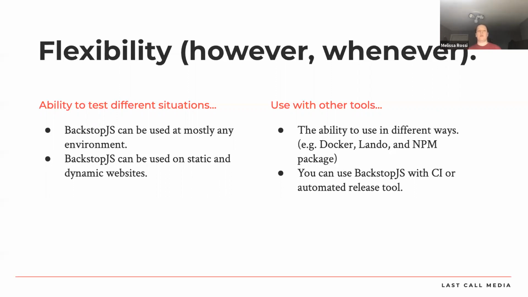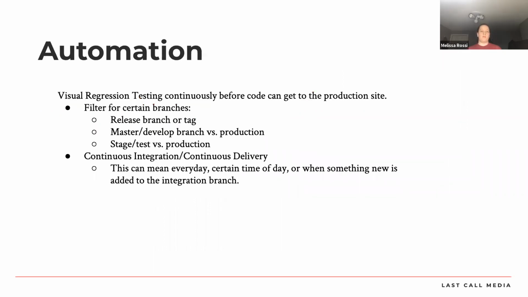You can also use Backstop with your CI tool. I personally have used it with Circle CI in the past. You can also use it with Jenkins and Travis. By adding it to your CI tool, you can create a great automation, and you can continuously test your code before it gets to production. So filtering for certain branches, like your release branch, your tag, you can compare your integration branches versus your production.